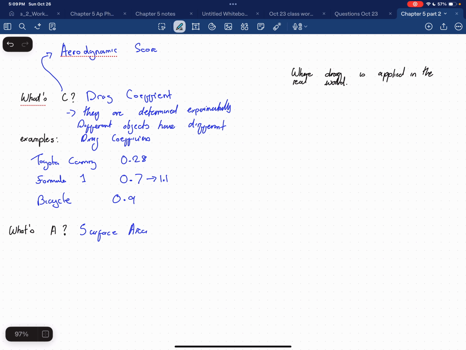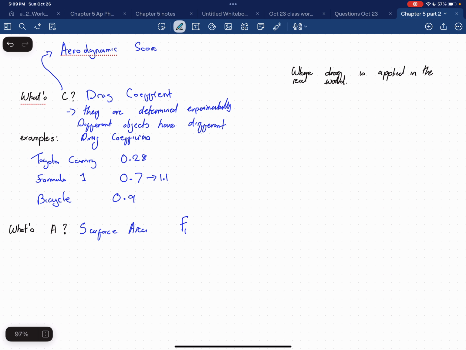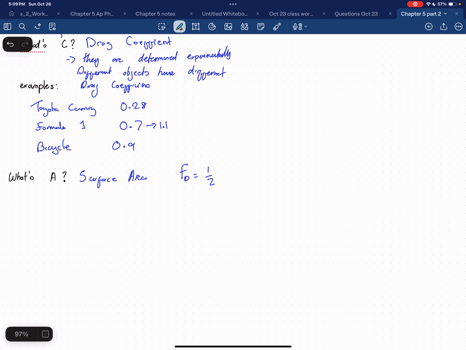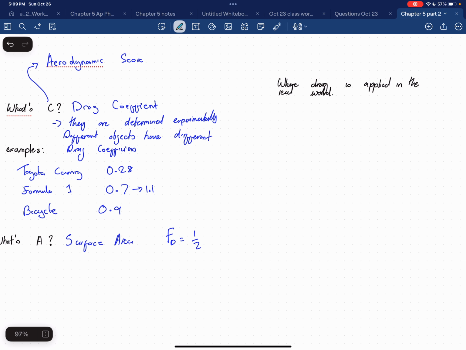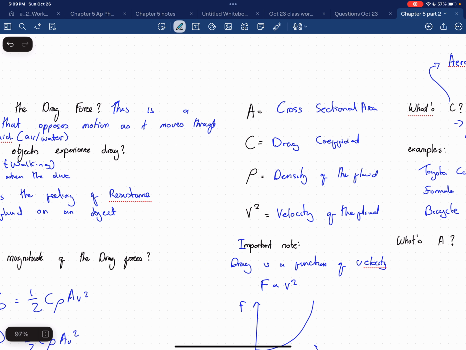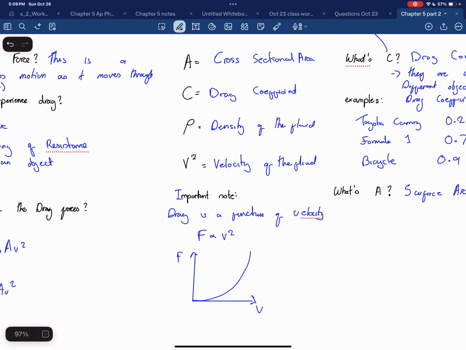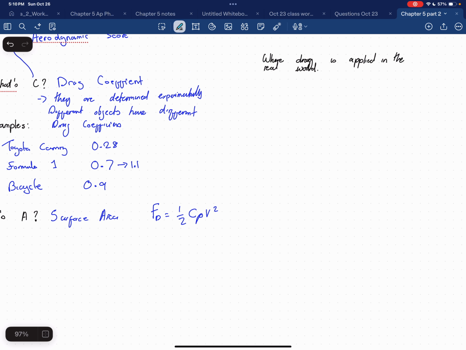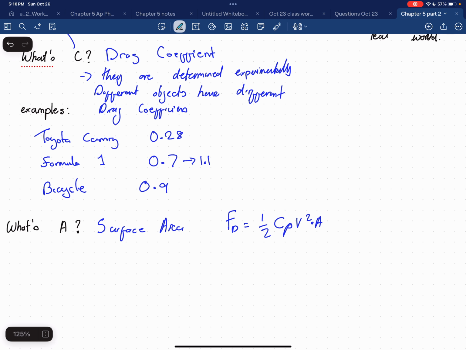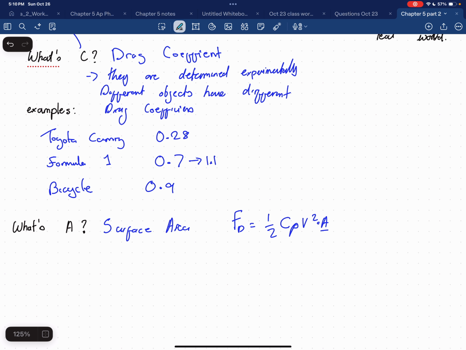So if I have an object falling, remember our formula is F_D equals 1/2 C rho v squared times A. So A is basically the surface area, the cross-sectional area.